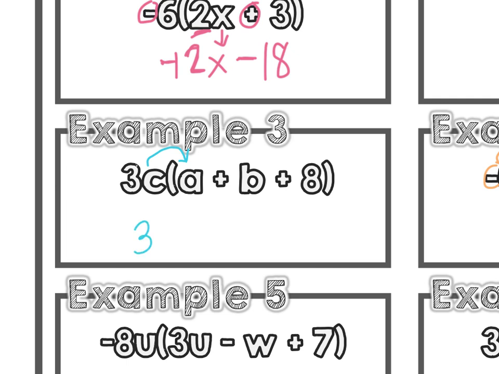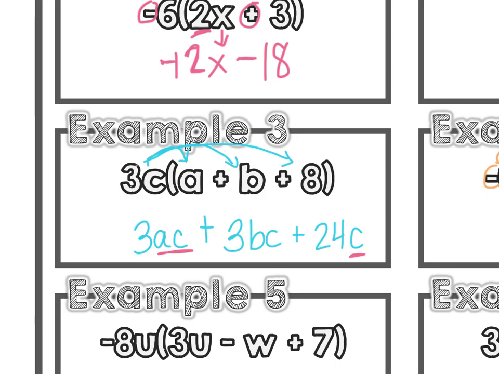So it's going to be 3AC plus, we don't have a negative, we're going to multiply 3BC, and then 3C times 8, which 3 times 8 is 24, and we'll have just the C. And another thing to note is that the double variables come before the single variables.